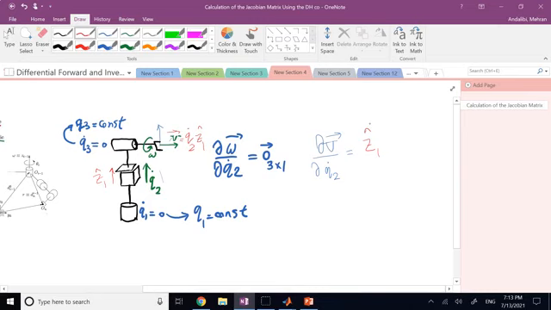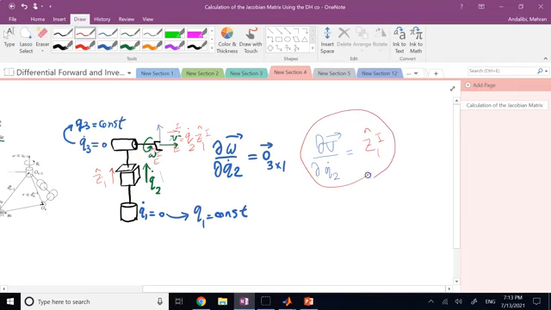the actuation axis of joint number 2, or Z1, right? Correct? And of course, Z1 is written in the inertial frame, because this is V of the end effector in the inertial frame, and this is omega of the end effector in the inertial frame.